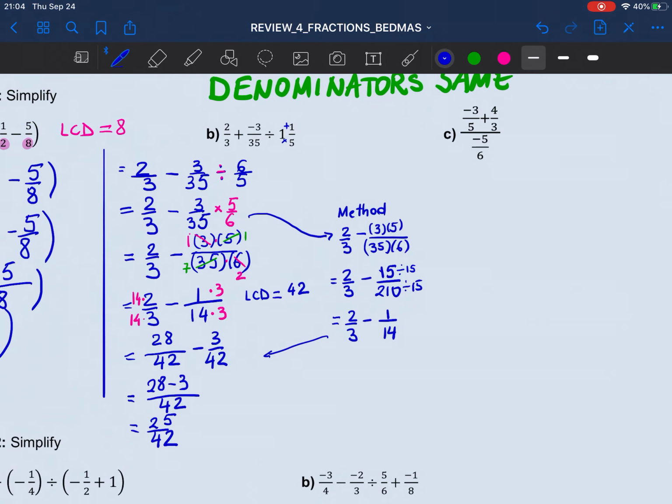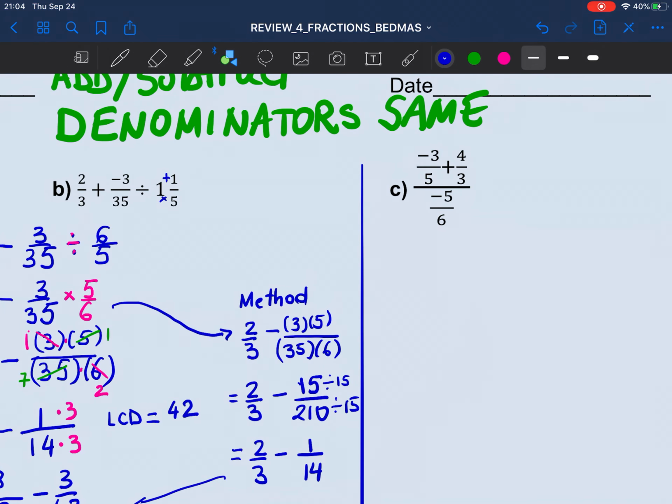Could I take a look at another example? In this example, we have too many fractions involved, and we have fractions inside fractions. So the first thing I want to do is try to sort them out a little bit.